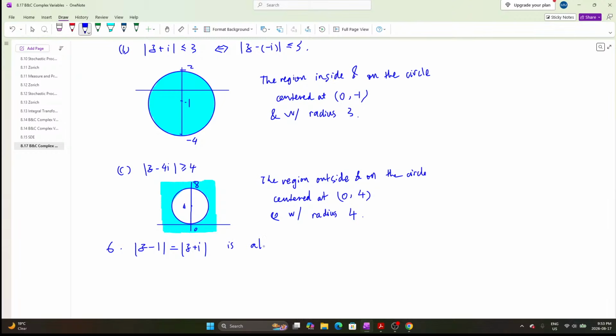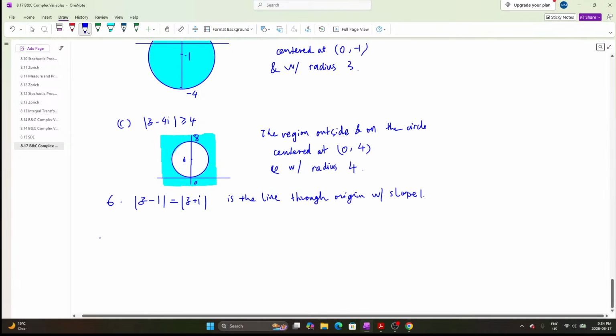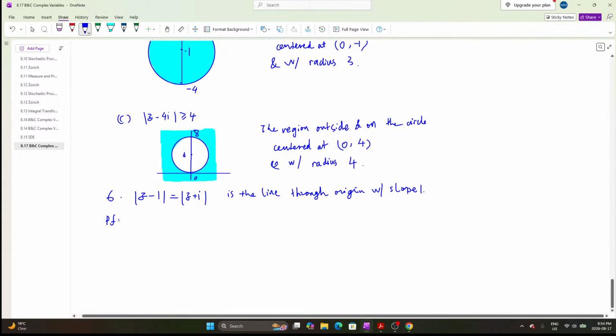This represents a line through the origin. Actually, it is a line through the origin with slope 1. So we can do this both algebraically and geometrically. Let's first do it the algebraic way. Okay, so first let's do the algebra.